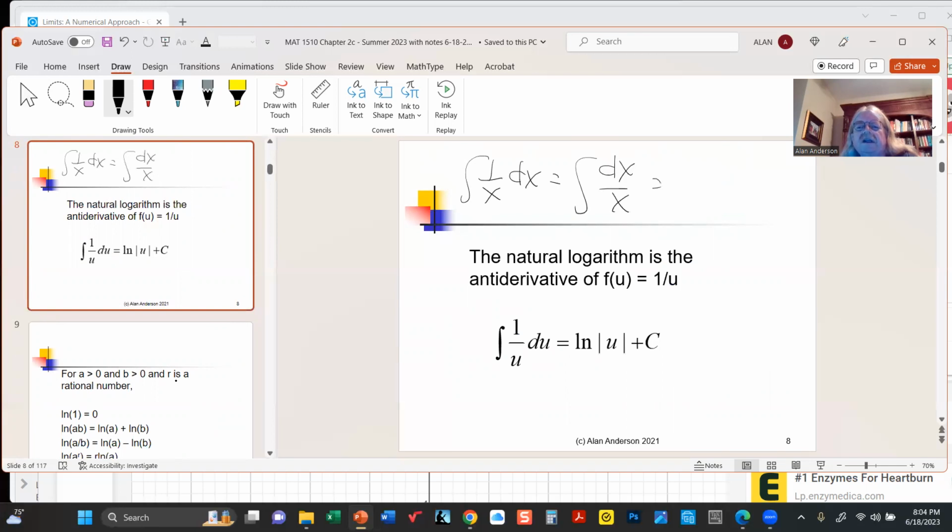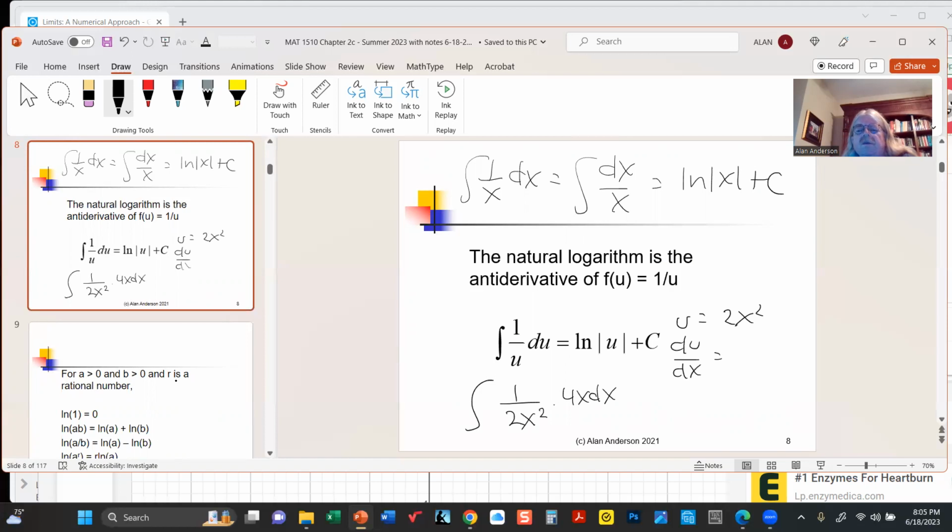Now this one we just got through looking at. This is log x plus c. But it's more general than that. If you had something like this, then u would be 2x squared. du/dx would be 4x, and then du would be 4x dx.